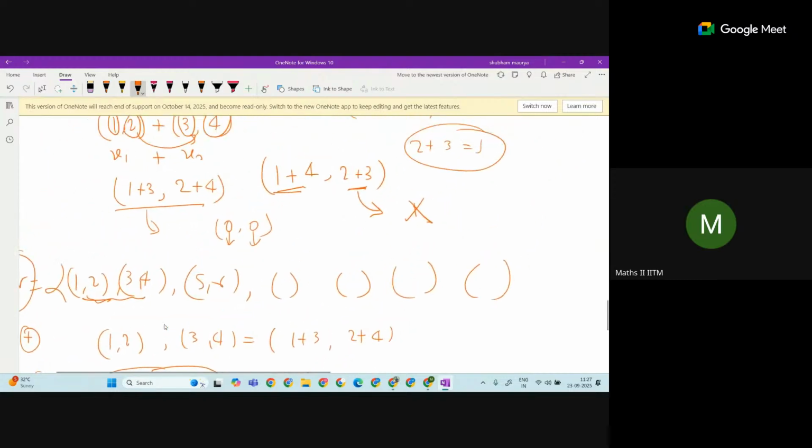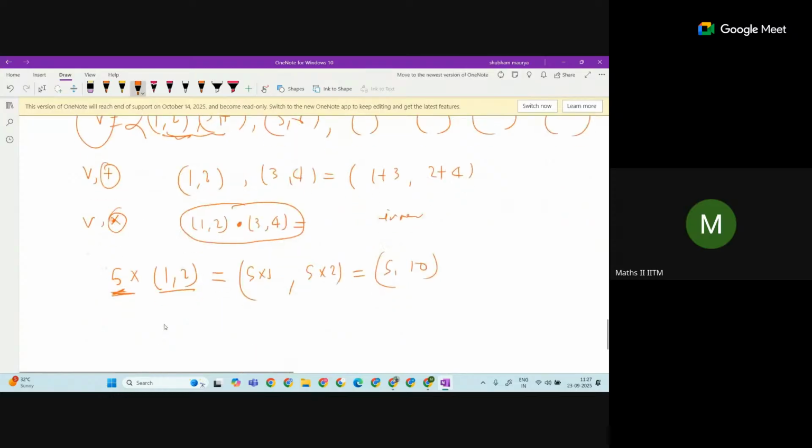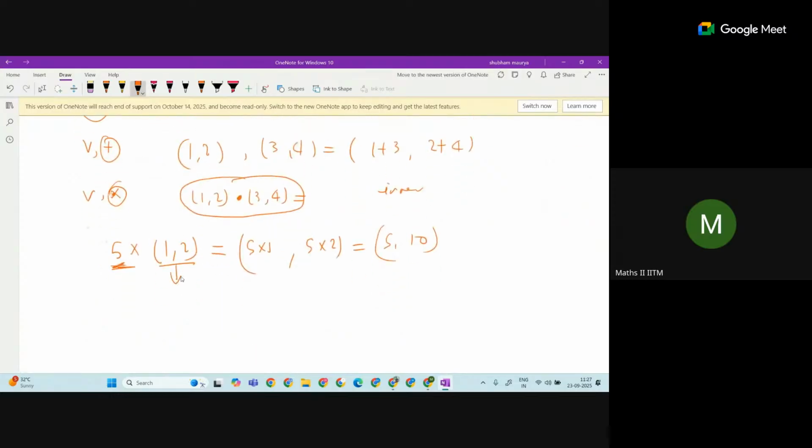I didn't mention it, but I am saying this representation is called a vector. The name you can now see is coming, the word vector, you are relating with the vector in physics. But whatever we are studying and whatever you studied in physics, they are not different.